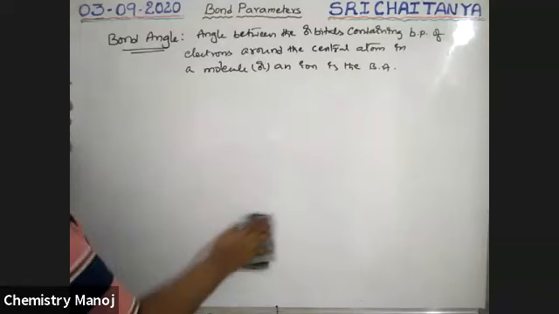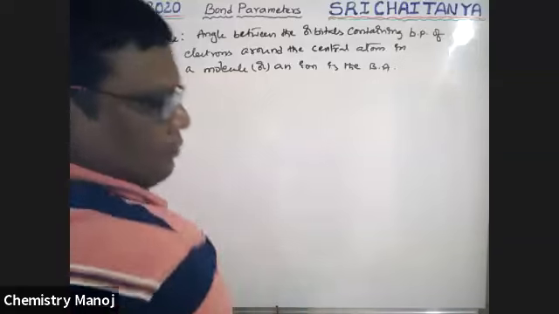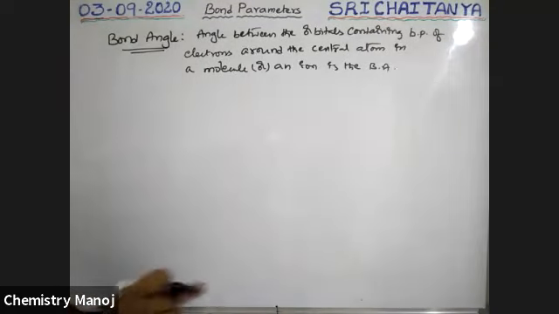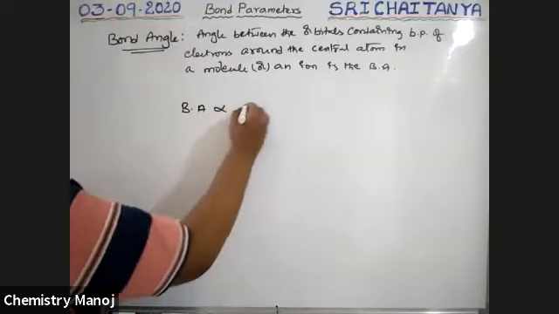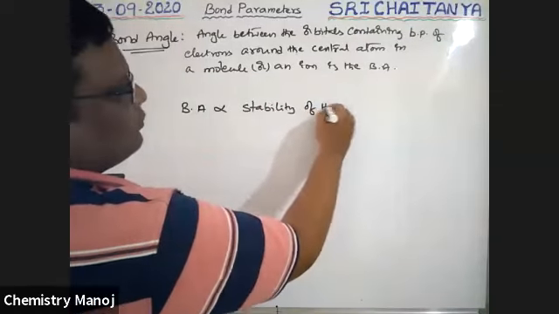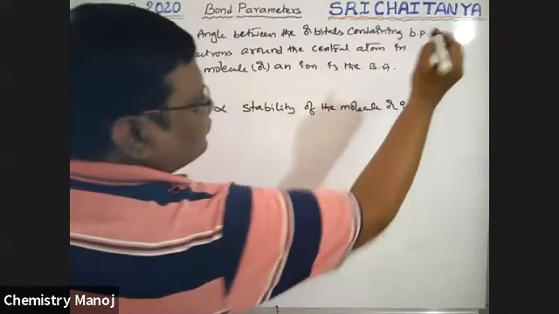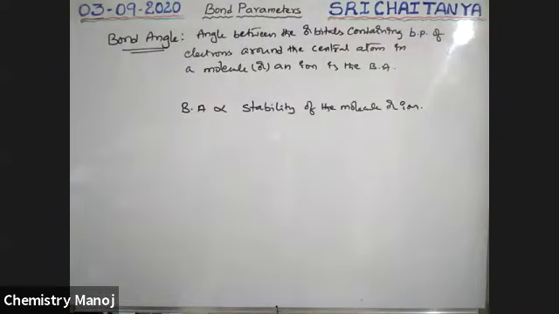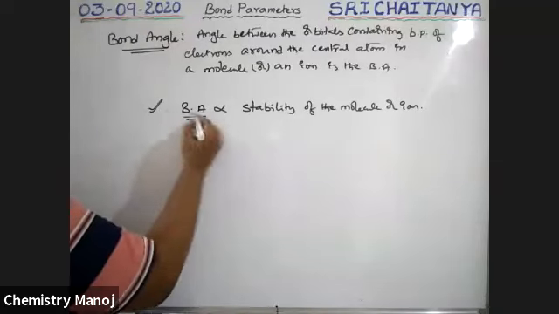Bond angle is directly proportional to the stability of the molecule or ion. More is the bond angle, more is the stability of that molecule. That is why we consider bond angle.